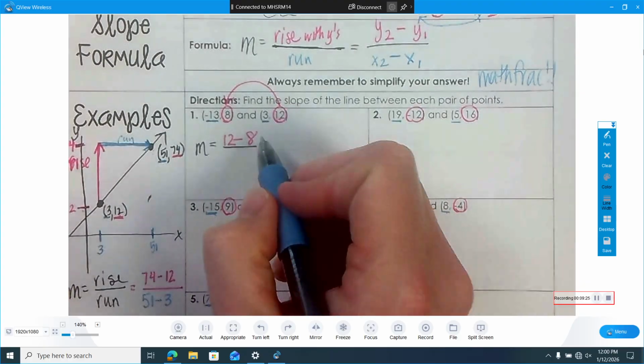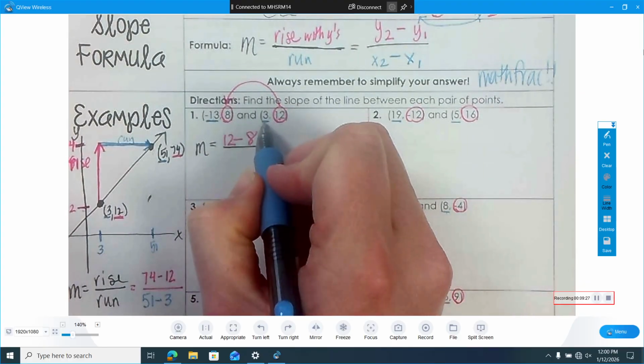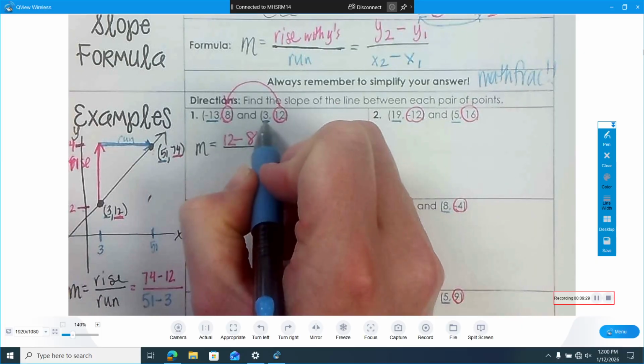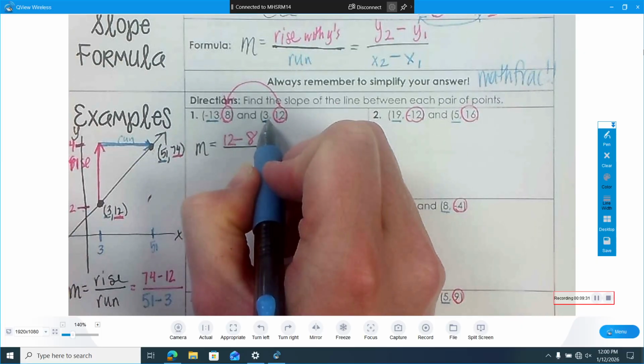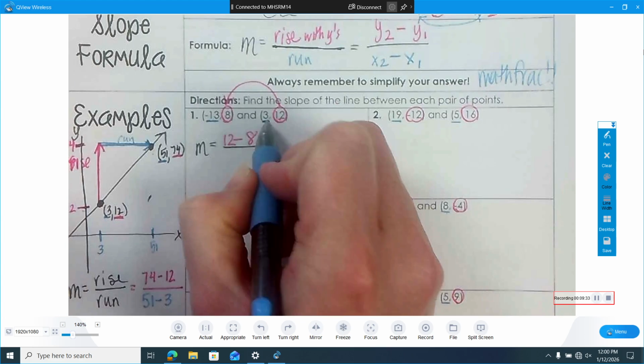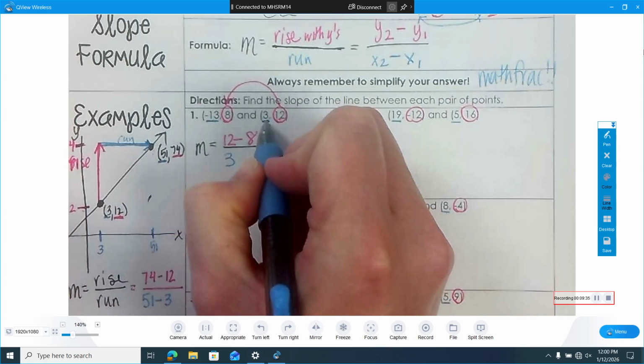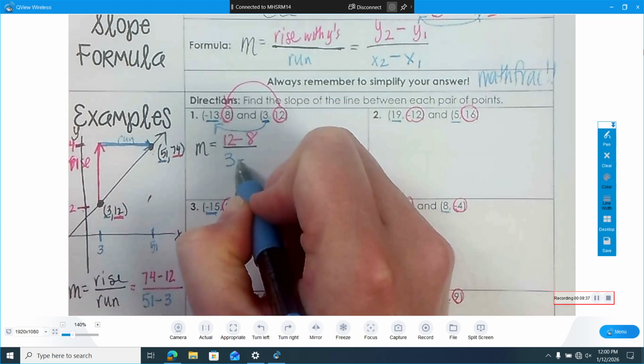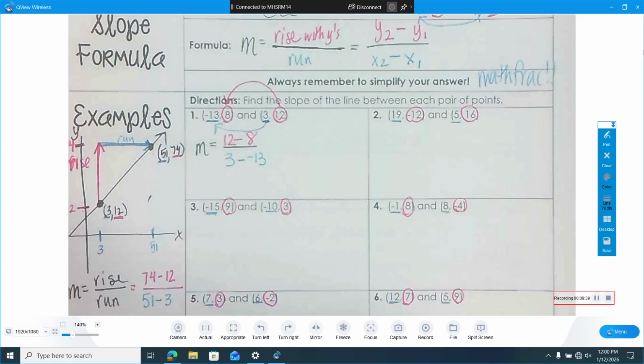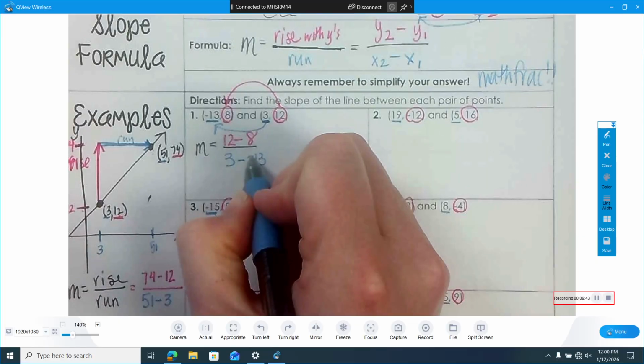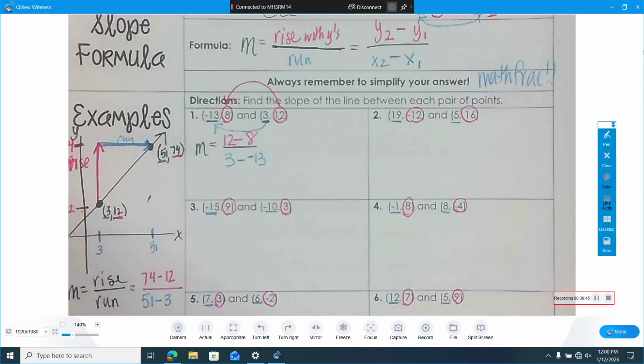On the bottom, the underlined things, I'm starting from the same place, the right-hand point, the second point. So I'm starting with the 3, and I'm going to subtract the negative 13. So I have 3 minus a negative 13. You have to be very careful with your negatives, okay? Ladies and gentlemen, that's the setup we're going to do for every single problem, and the rest is just math.